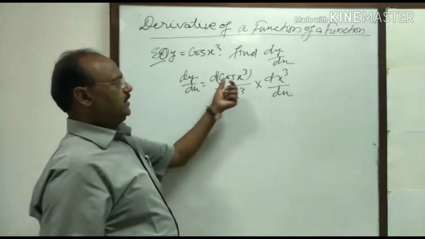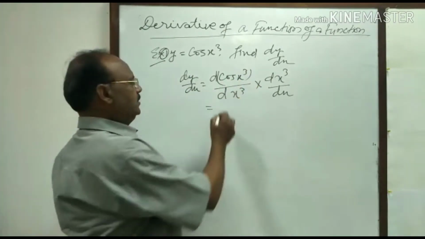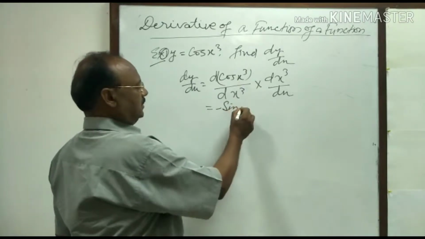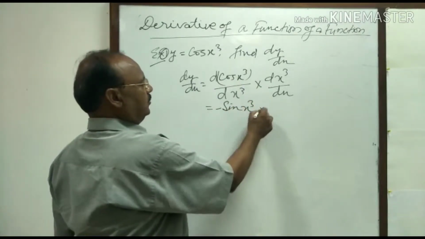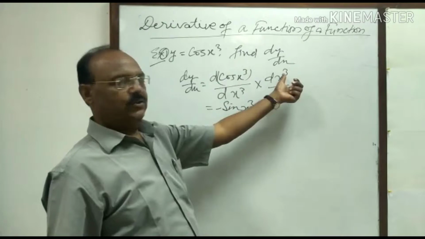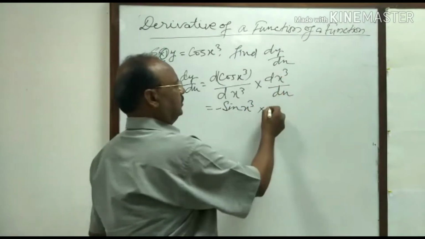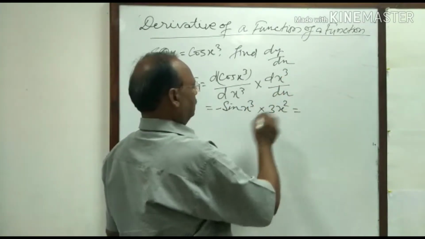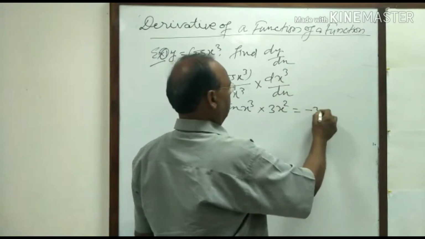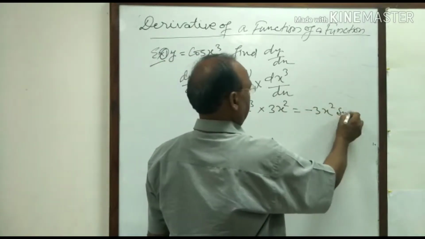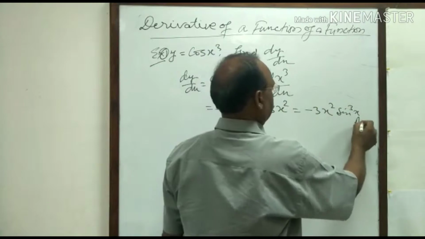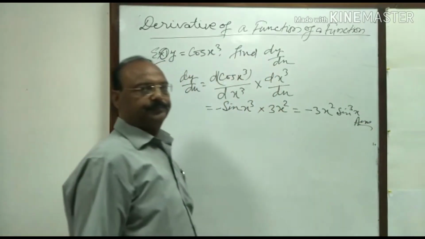Here derivative of cos x cube with respect to x cube is minus sin x cube into derivative of x cube with respect to x is 3x square. So we are getting here minus 3x square sin x cube as an answer.